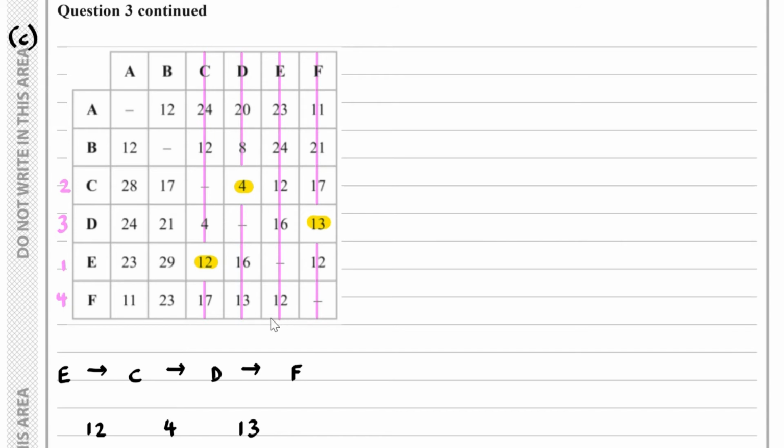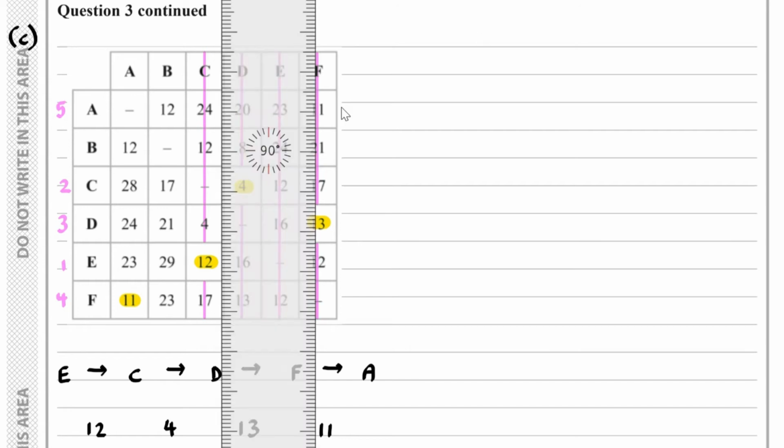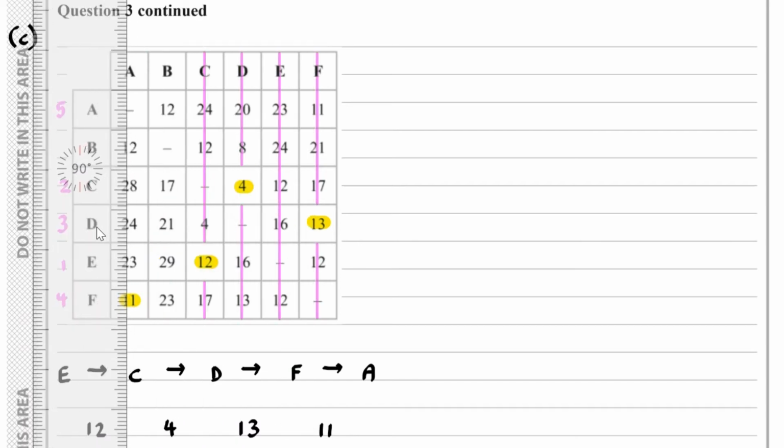So now if I read across F, the smallest one is the 11, and that takes me up to A. So now I'm at A, so I can put a number 5 where A is, and then I can delete the entire column of A as we see here.